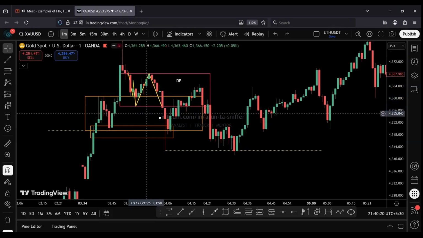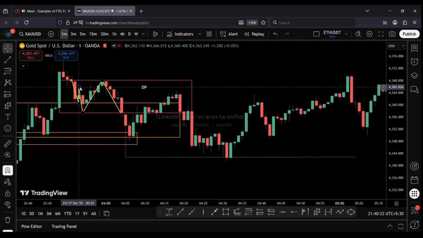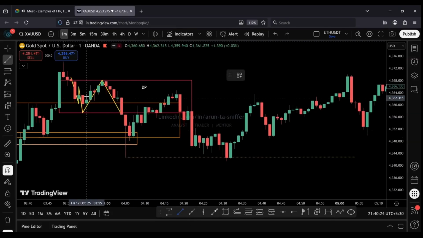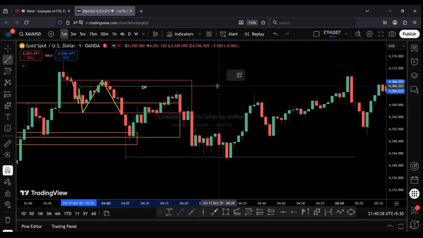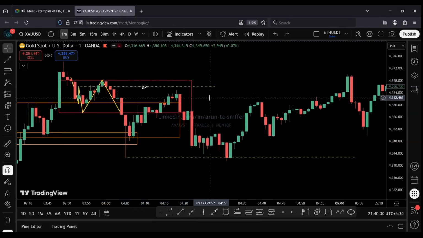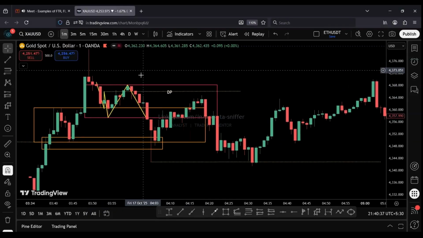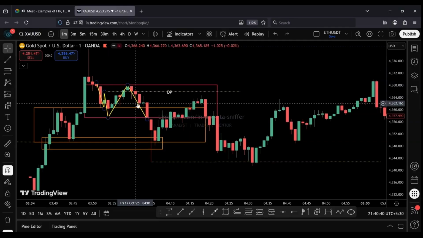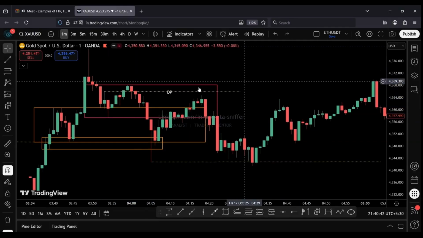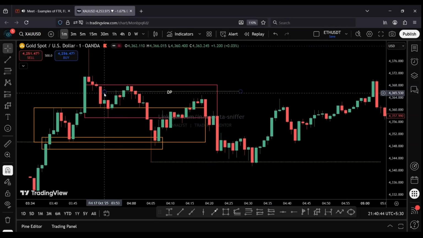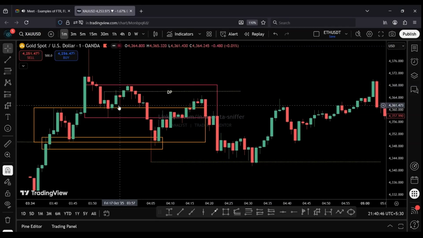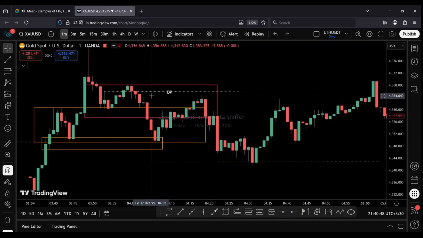Okay, so what we will do, we will draw a line from here. This level was faked out. We will draw a line from here and look at which candle crossed this here. This one crossed here. This candle crossed it. I deleted it. Goes up, came down. This candle crossed here.